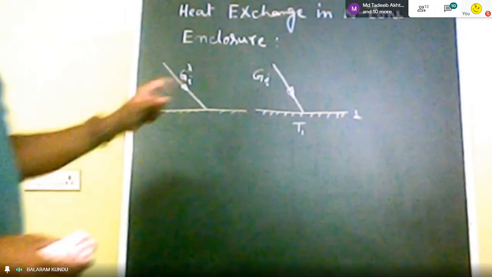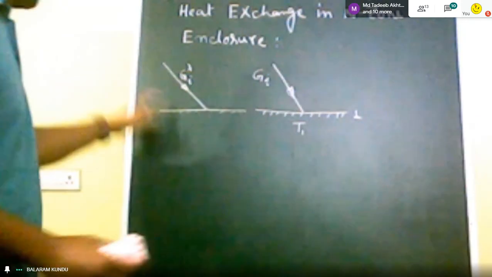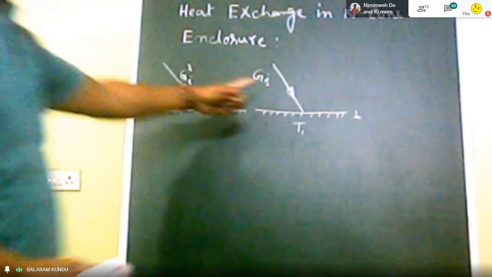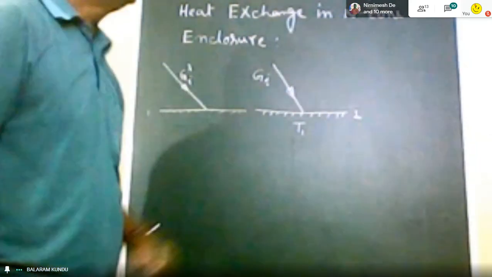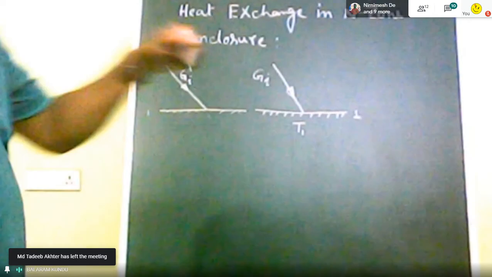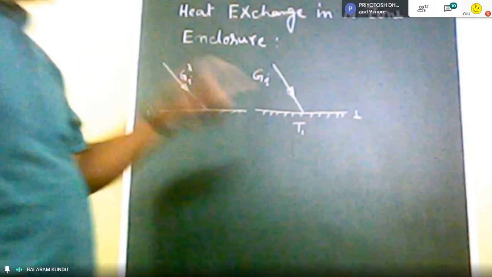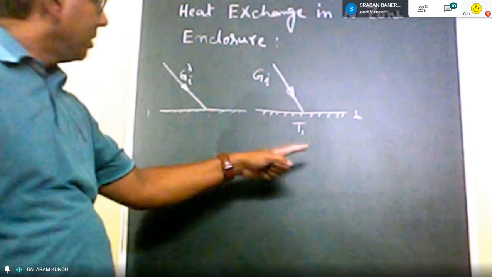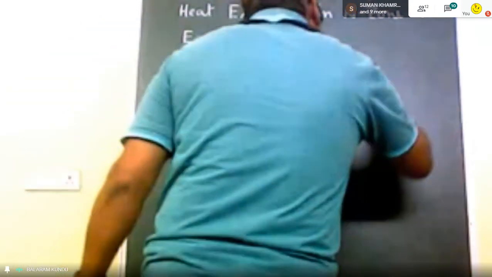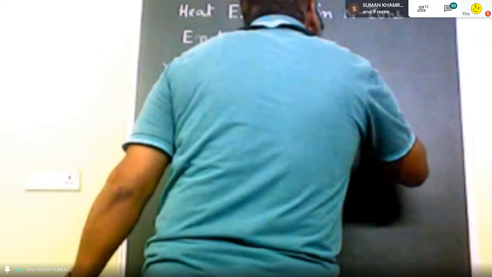So you can consider either one here. That is Gi, the incident flux falling on a surface i. Then a part of this flux may be reflected.